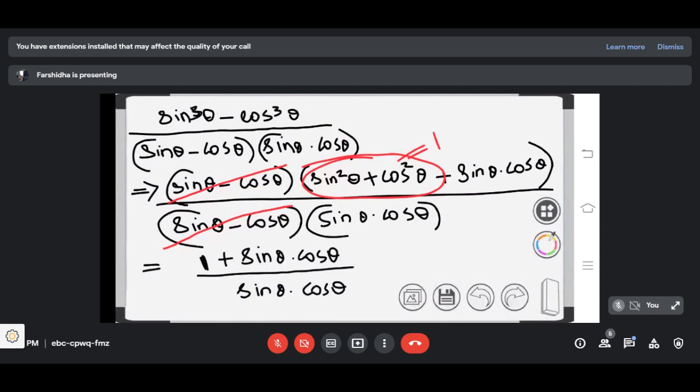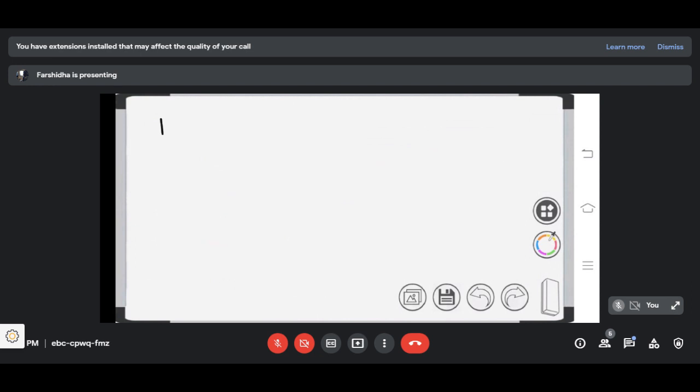Okay, so we got 1 plus sine theta into cos theta divided by sine theta into cos theta.